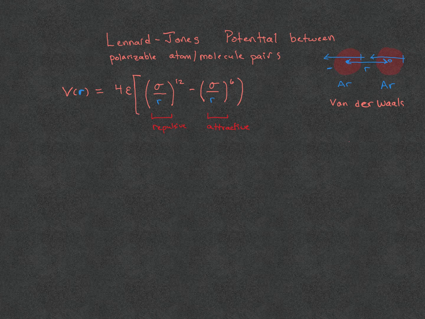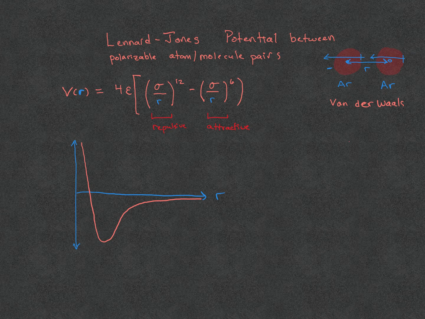So let me go ahead and plot this potential. Again, this is R, and this is V of R. So V of R will actually approach positive infinity for very small separations and approach zero from below for large separations.